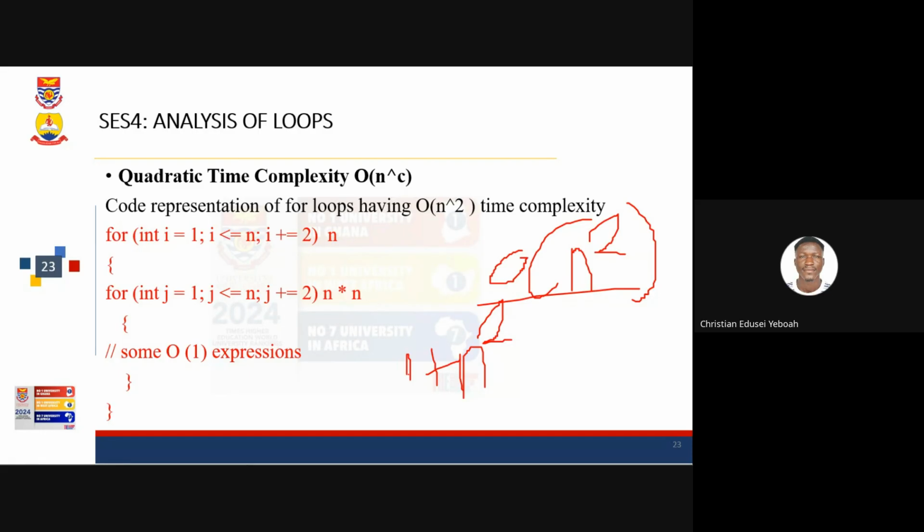Sir, please, where's J? Is it that we just represent those letters, or is there a meaning? All right, so these are also variables that will hold some data. And in most cases, before we use the for loop, it's more or less like we want to perform matrix operations.